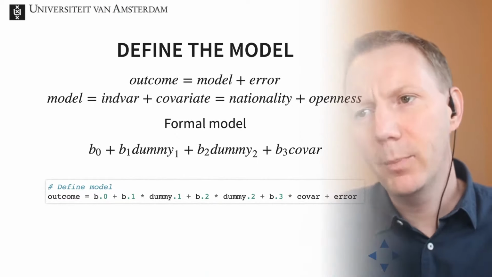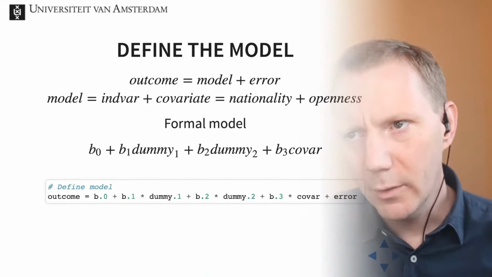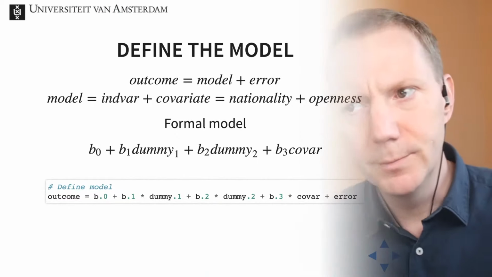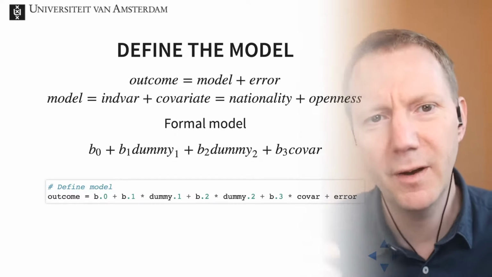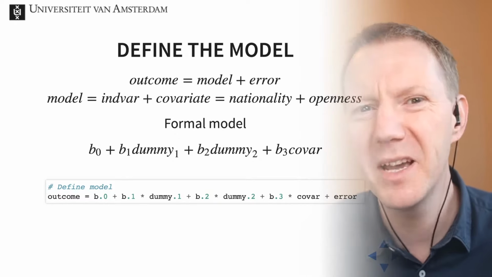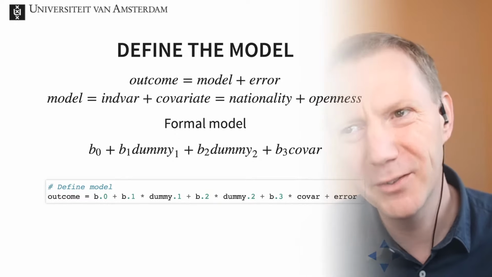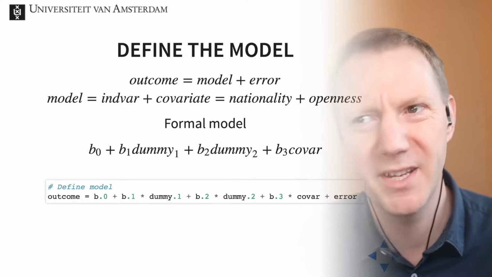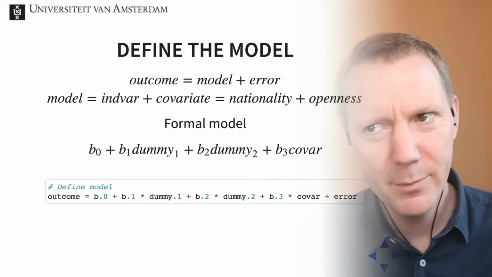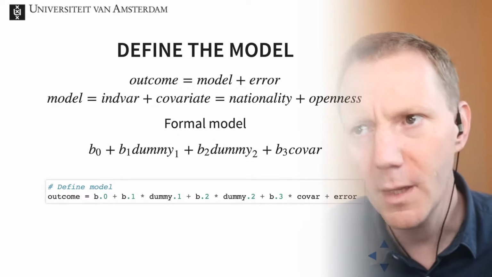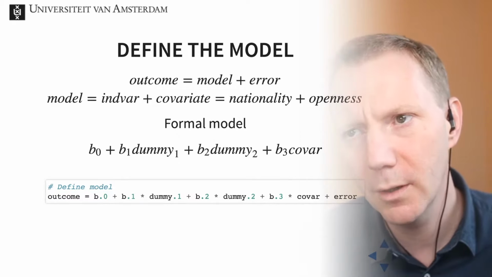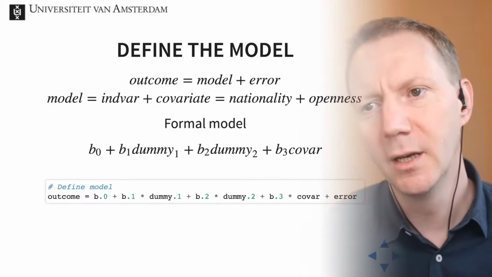Now, if I apply such a regression model, I'm going back again to how Field defines, on I think every page of the book, that the outcome is the model plus the error. That same holds for the covariate analysis.